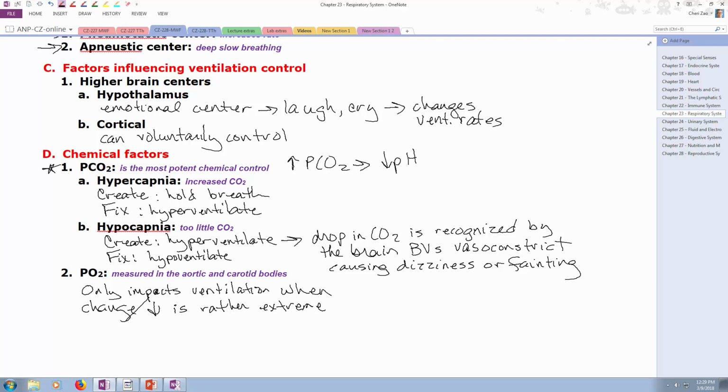And this is seen all the time in people with emphysema or COPD. When people have COPD or emphysema, if they don't have any supplemental oxygen, they're walking around all the time with low PO2s in their arterial blood and high PCO2s in their arterial blood. And when I say low PO2s, they're in their 70s, maybe their 80s if they're lucky.